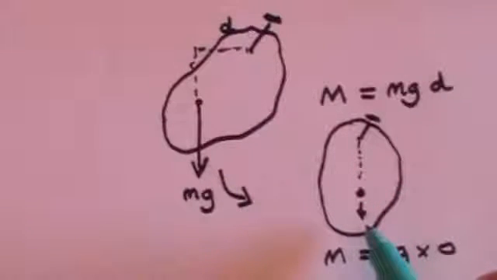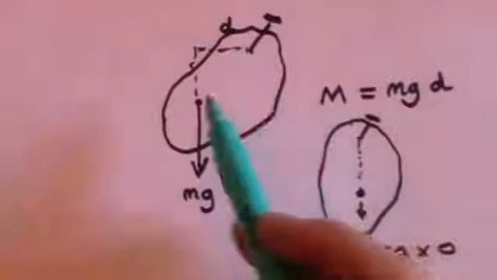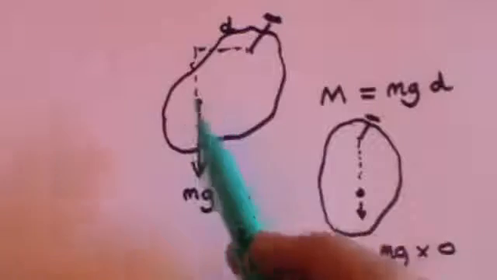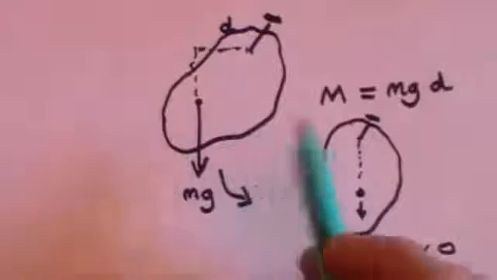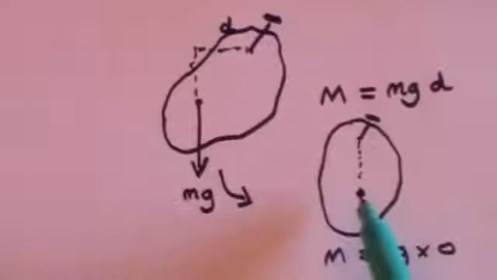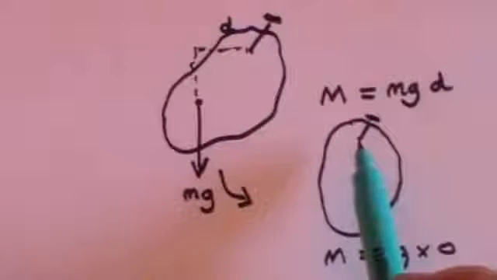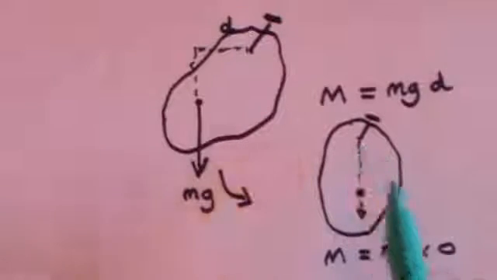It must be directly below the pin, because if it isn't, then there will be a moment of a force, and that will cause the object to swivel. Once the centre of mass is underneath the pin, there is now no distance here. The distance is 0, consequently the moment is 0.